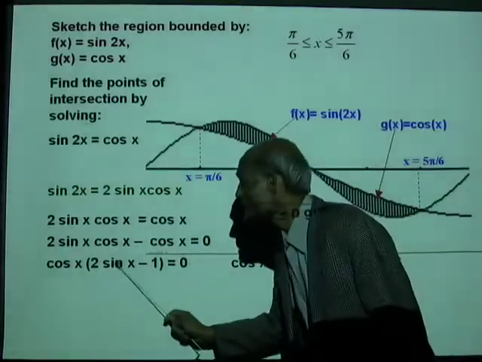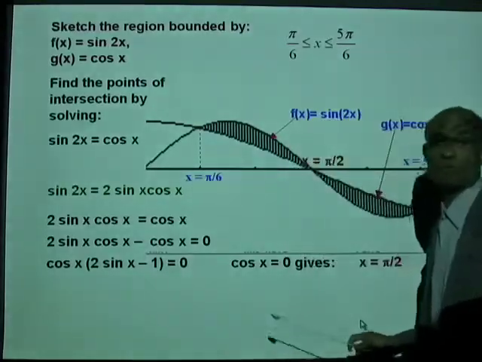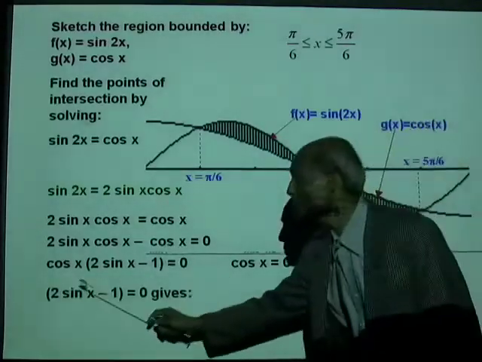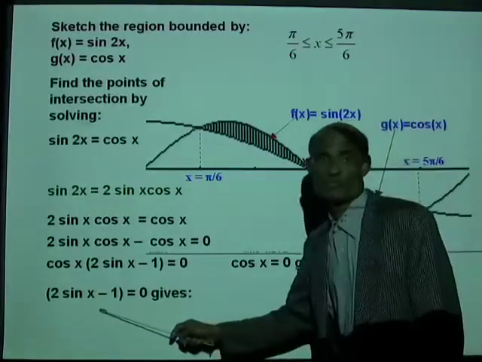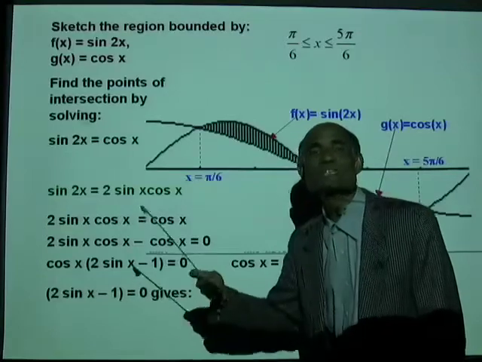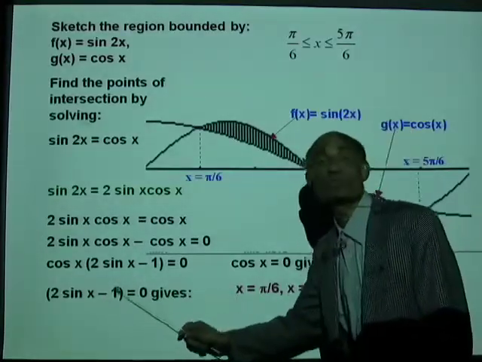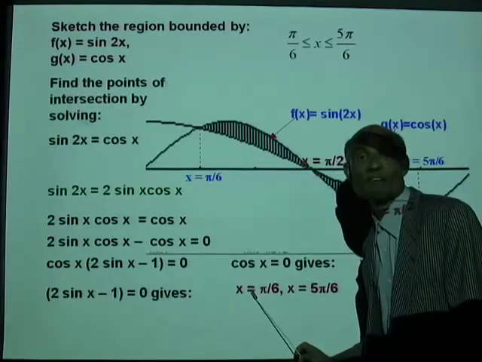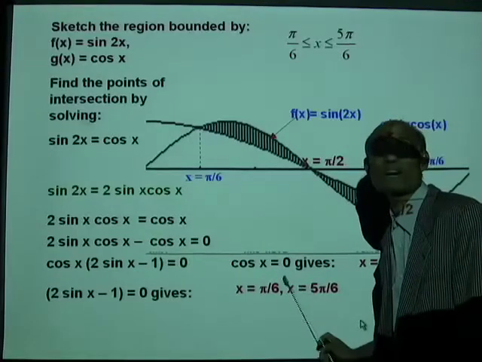Well, and we will now set the second factor to 0. And that will be 2 sine x minus 1 equal to 0. 2 sine x minus 1 equal to 0 means sine x equal to 1/2. And if sine x equal to 1/2, one value of x is pi by 6, and the other value is 5 pi by 6.